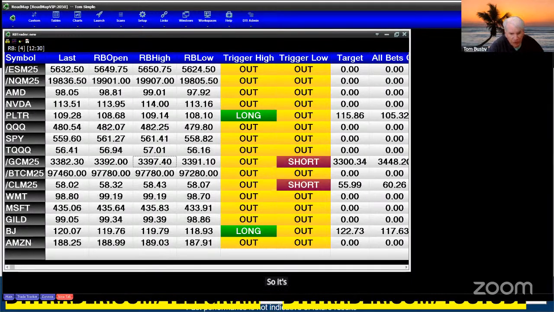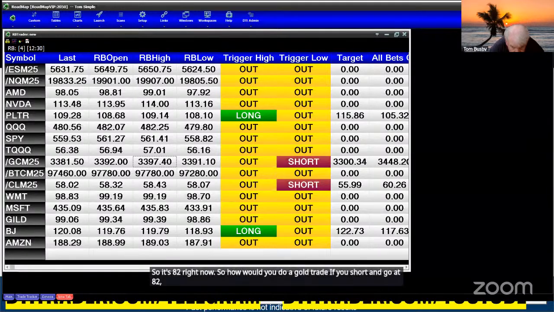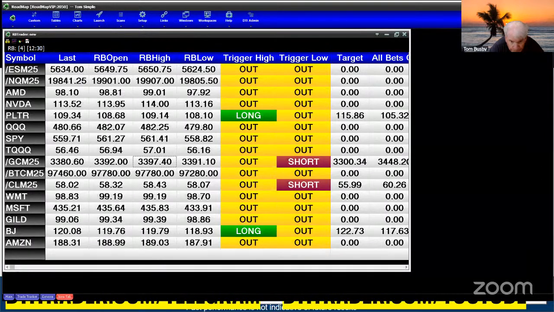So how would you do a gold trade? If you shorted gold at 82, you'd have to put a stop at that RB high, which would be 97. I'd put it at 98.50 if I did it. Okay. I did do it. So anyway, might as well share that with people.